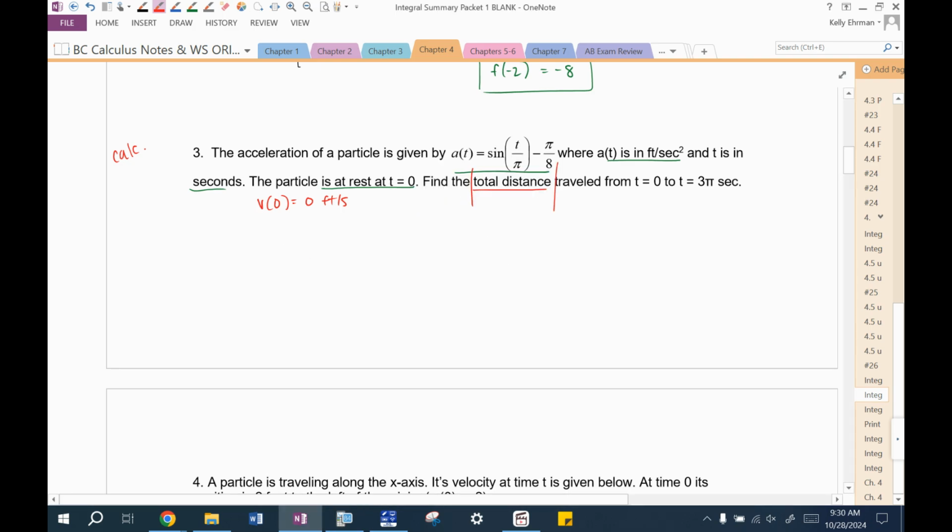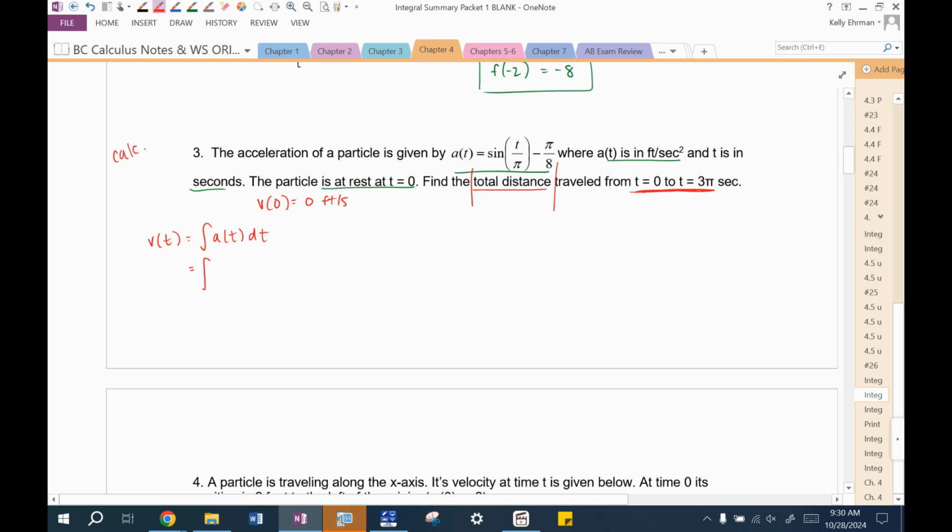All right, so remember that v of t will be equal to the indefinite integral of a of t dt, right? And we're looking for the total distance from 0 to 3 pi. In order to get total distance traveled, I need a velocity formula first. So first off, I have to figure out what is the velocity equation.